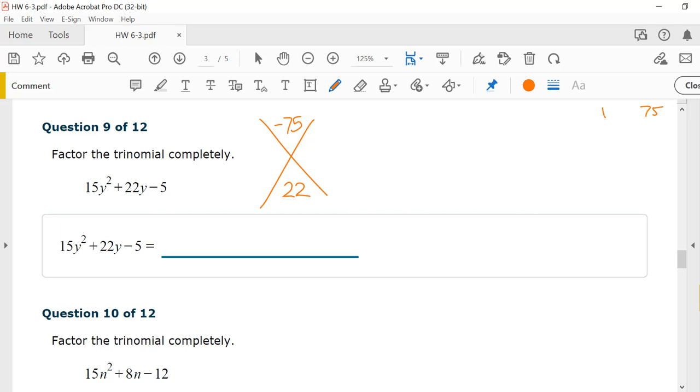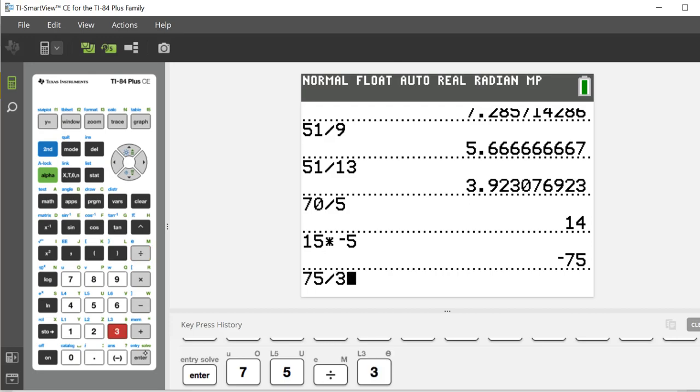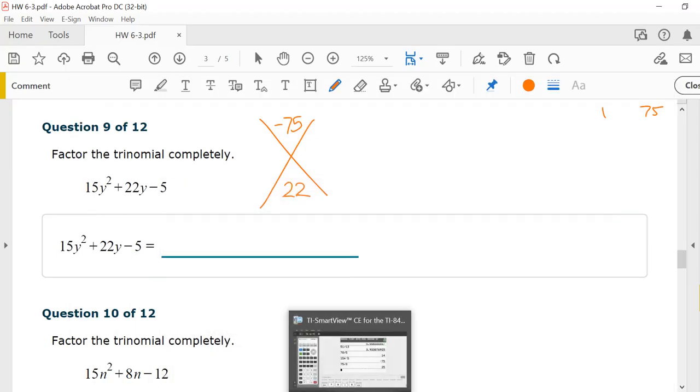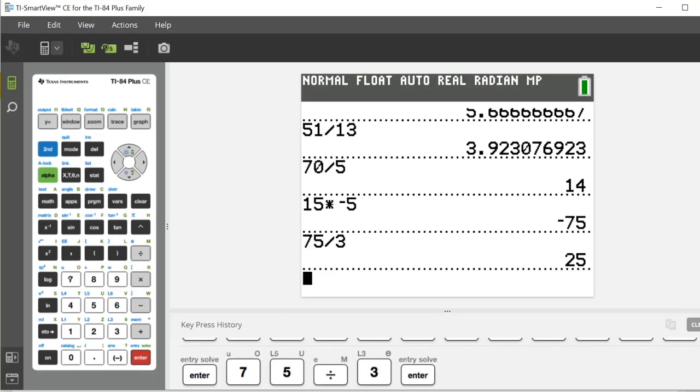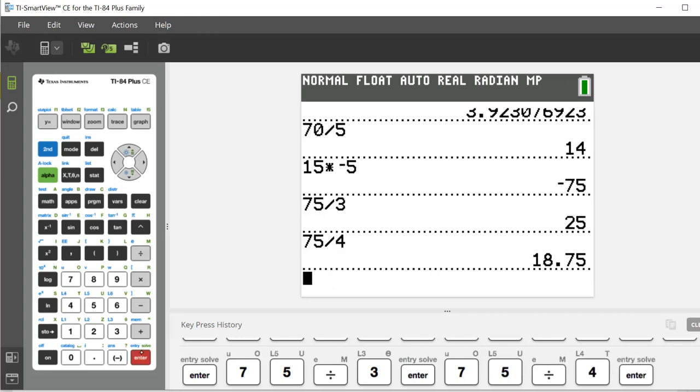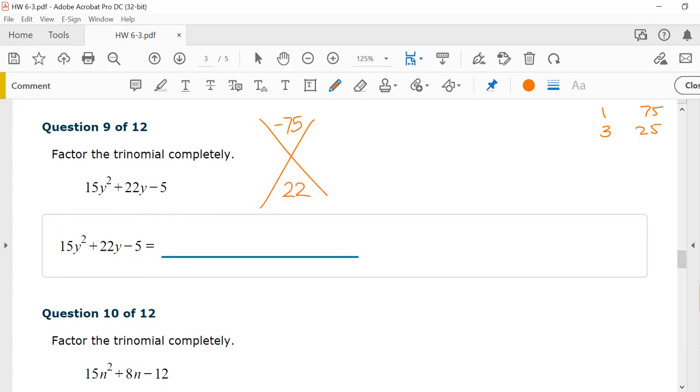Factors of 75. 1 and 75. Will 3 go into there? Yep, 3 and 25. Can't stop yet. How about 4? 75 divided by 4? Nope. 75 divided by 5? Yep, 5 and 15.